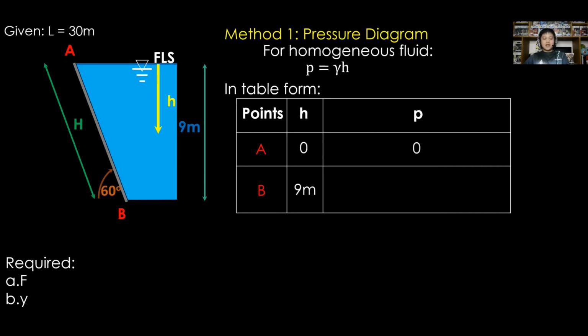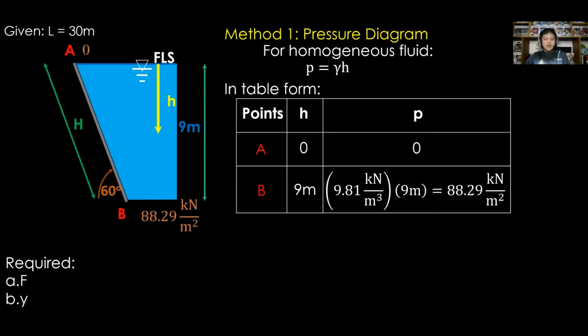Therefore, P at A is 0 since H is 0. And for point B, it is equal to gamma, that is 9.81, times H, that is 9. Therefore, P is 88.29 kilonewtons per square meter. Assign the pressure values at A and B. Then, draw the pressure diagram.